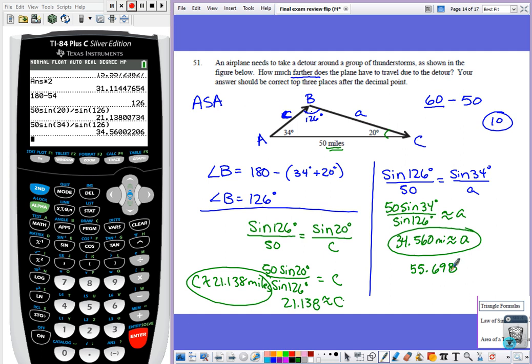And then we want to say, well, what's the difference between that and what it was going to have to travel anyway? Well, it was already going to travel 50 miles even. And if we subtract, we end up with 5.698 miles further.